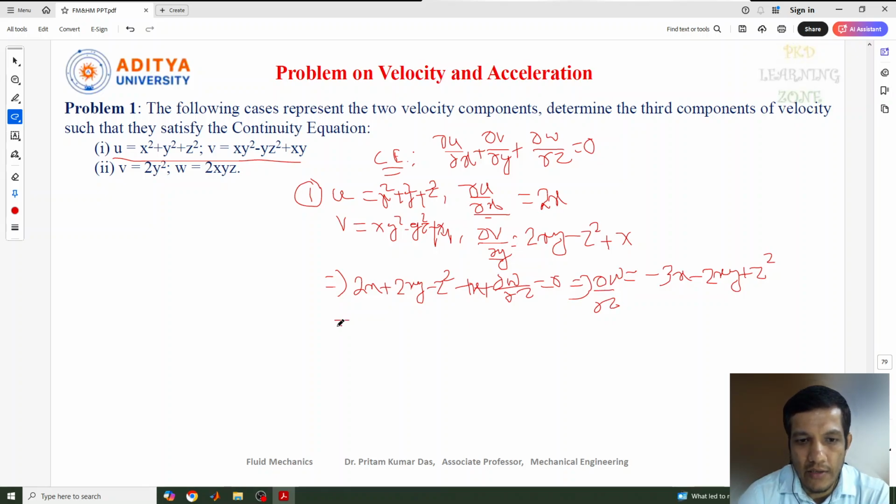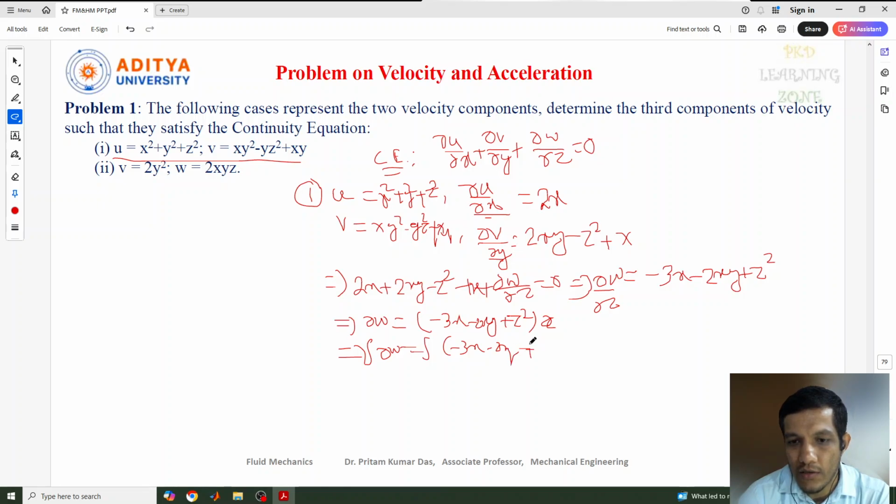Now if I write the same thing in terms of del w only, we can write the whole bracket, minus 3x minus 2xy plus z square, multiplied by del z.